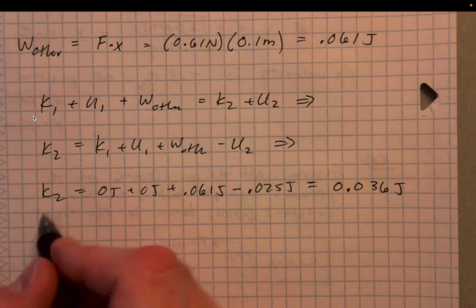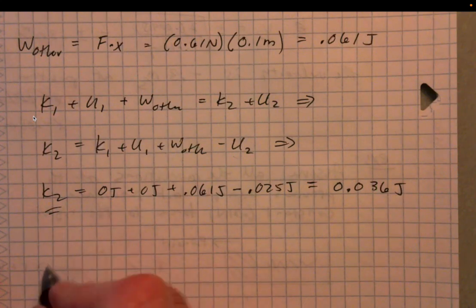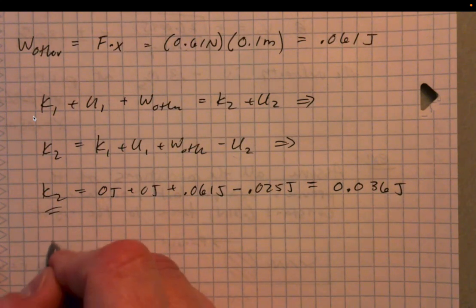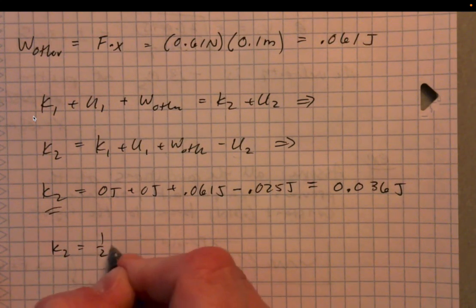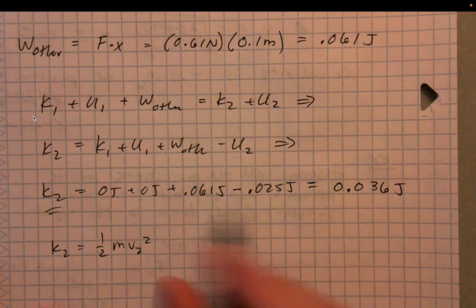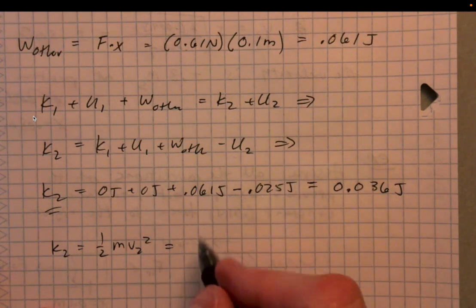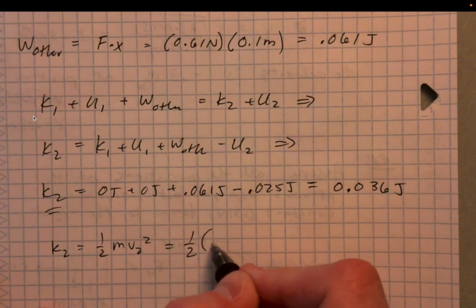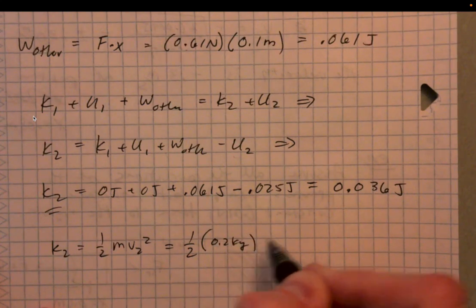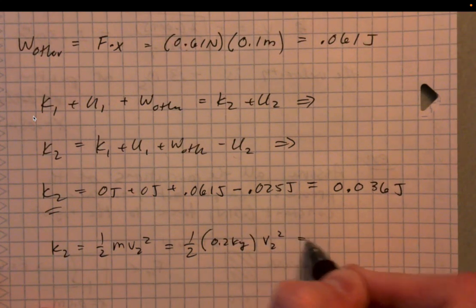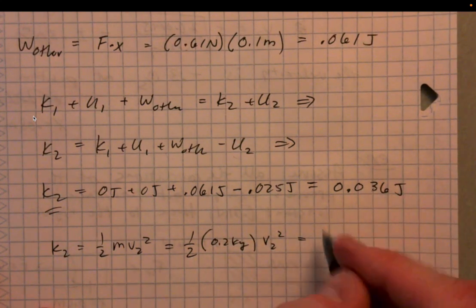Okay, and so again, it's kind of like the previous one. We need to figure out the velocity in this. So K2 we know is equal to 1/2 m v2 squared, which is 1/2 times 0.2 kilograms times v2 squared, and we know all of that is equal to this 0.036.